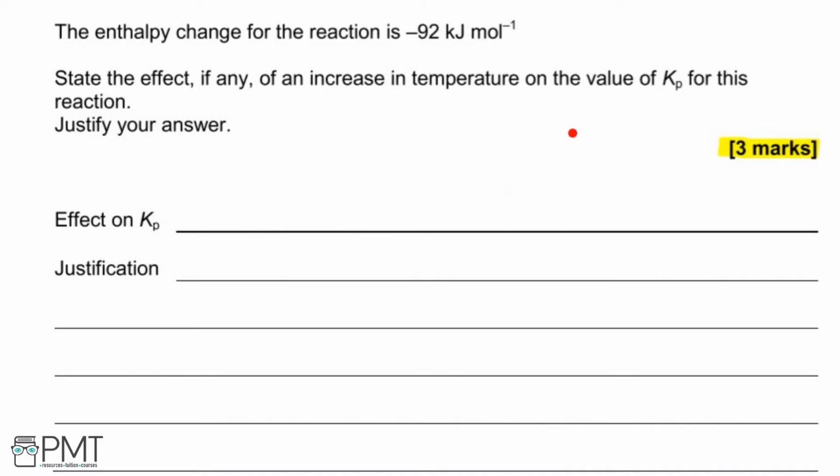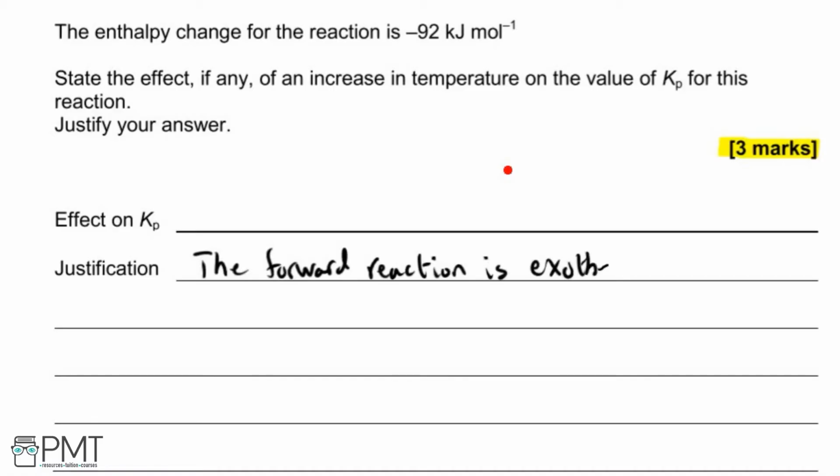So the first thing we can notice from this question, and the first step in the reasoning, is going to be that the forward reaction is exothermic, and we can see this from the enthalpy value they've given us.